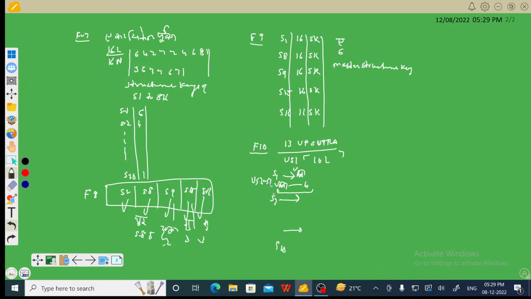Here, from the 7th to 10th letter, 4 structural keys will be of Upsutra. Ahead means 8 to 12.